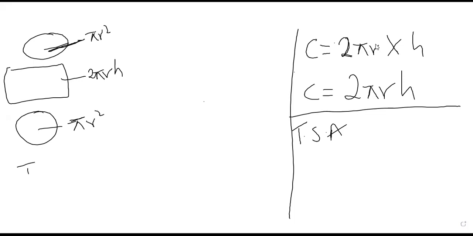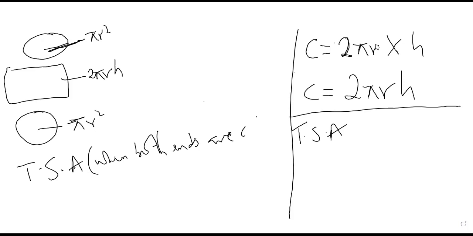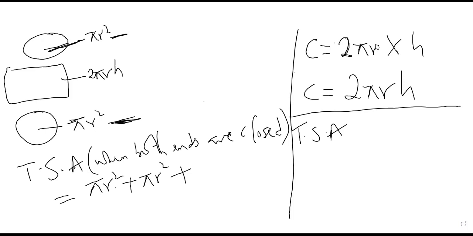Now the total surface area when both ends are closed is given by pi r squared, that is the area of this circular top, plus pi r squared, that is the area of this circular bottom, plus the area of the lateral body, which is 2 pi r h.